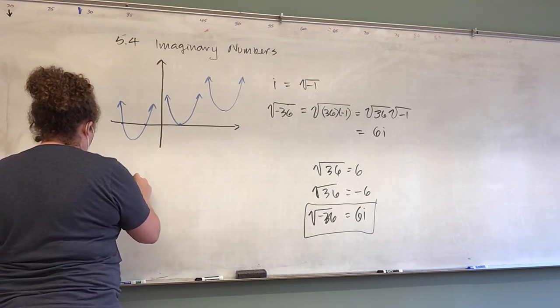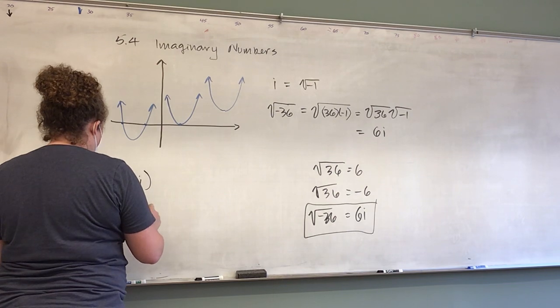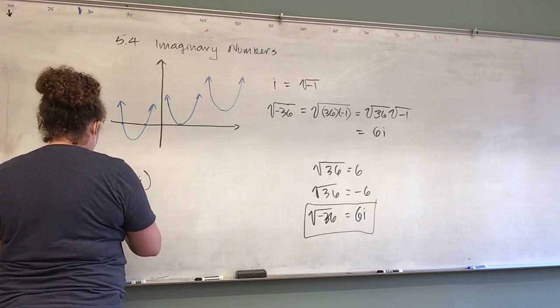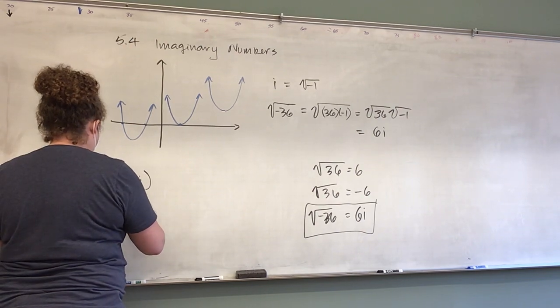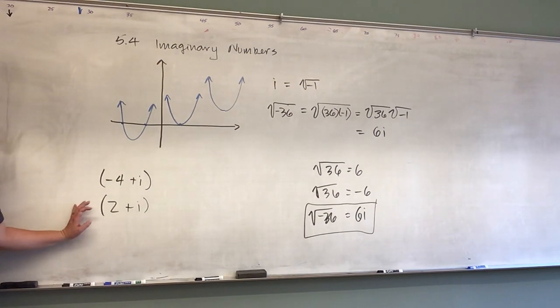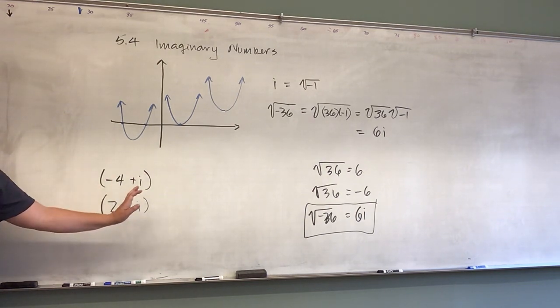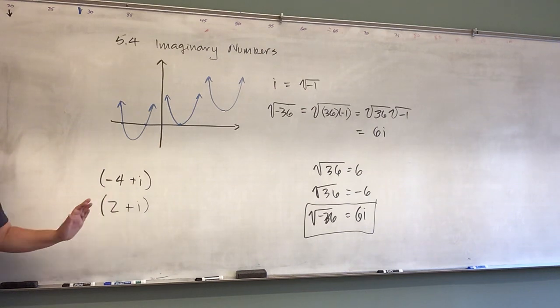We could have -4 plus i and we could have 2 plus i. These kind of look like binomials, but instead of x's, we have i's. Typically in complex numbers, the real part comes first in the order, and then the imaginary part comes second.